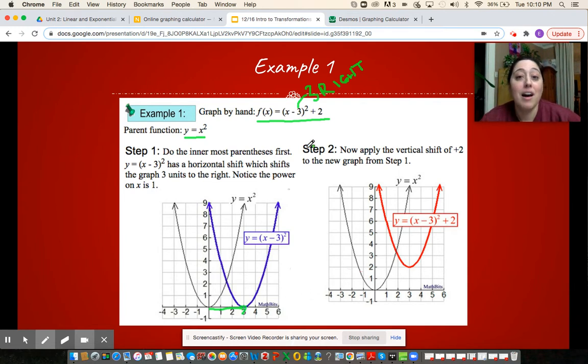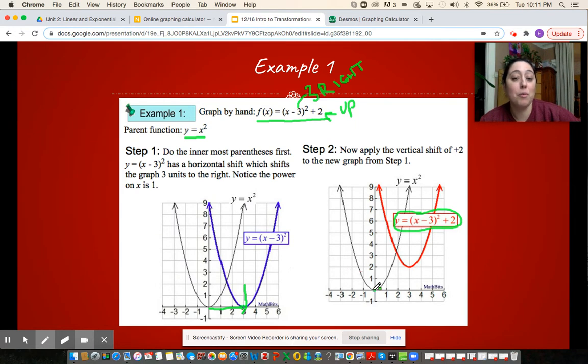All right, and now I have this 2 outside, and that moves exactly how you would think, up. So I would move 1, 2. The reason this blue is here is because the example is trying to show you one thing at a time. So this red is actually the entire transformation.